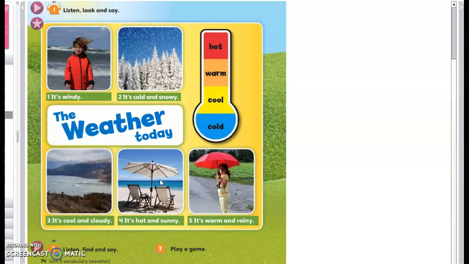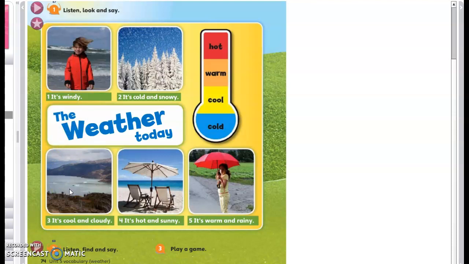Well, it's in picture 1. Give the full sentence. Okay, it's windy in picture 1. The next sentence, it's in picture 3. That's right, it's cool and cloudy in picture 3.